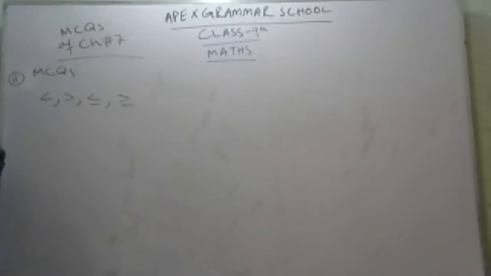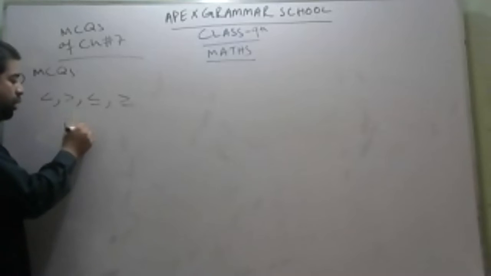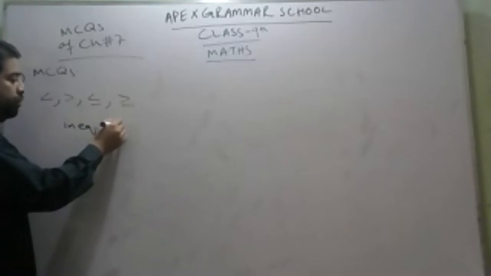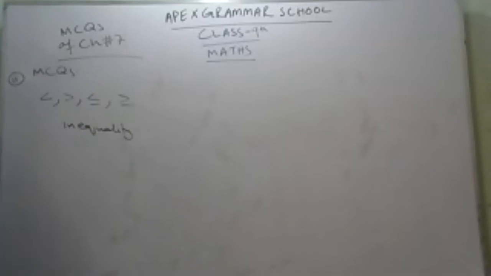First is equation. We can't say it is an equation because an equation is related to the sign of equality. Identity. Identity is a type of equation, so this is not an equation. Inequality or linear equation. Linear equation we can't say because this is also an equation. So these are the symbols of inequality. Inequality, that is option number C.